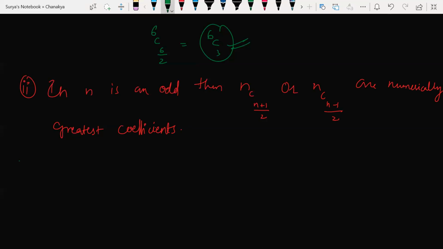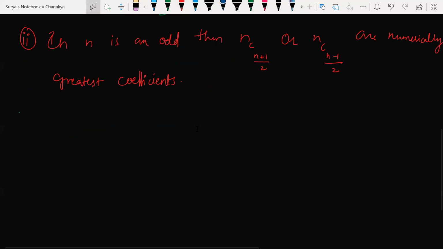Okay, so nC((n+1)/2) or nC((n-1)/2). For example, let's take an example. If n is equal to 7, it is an odd number.